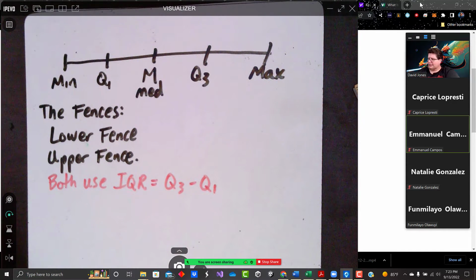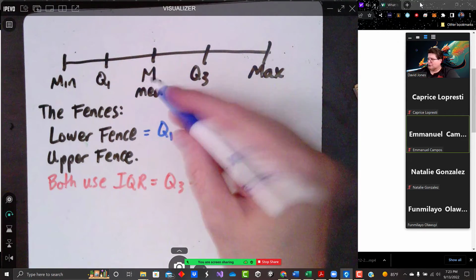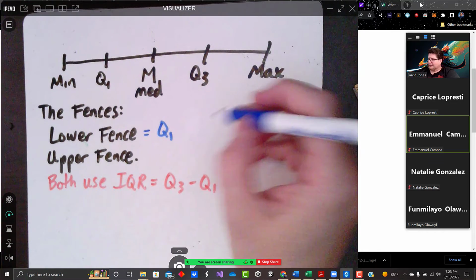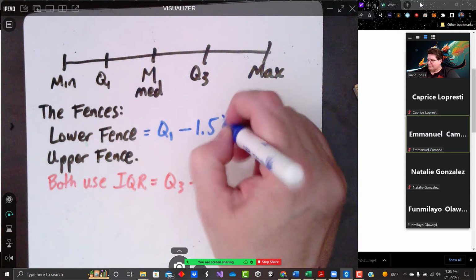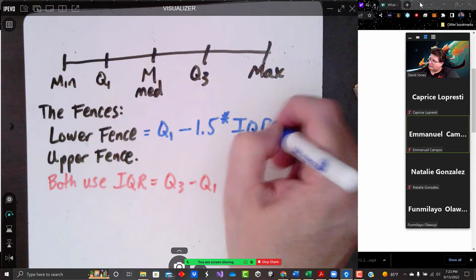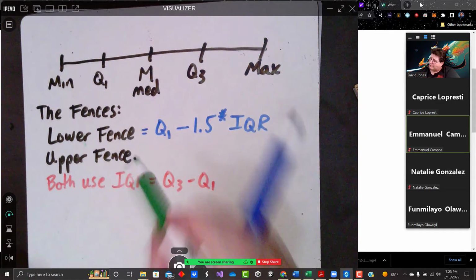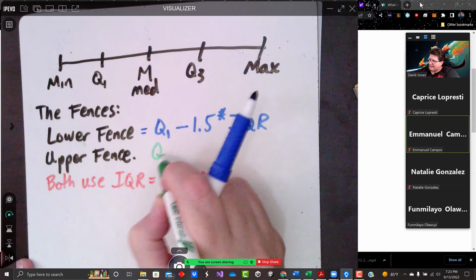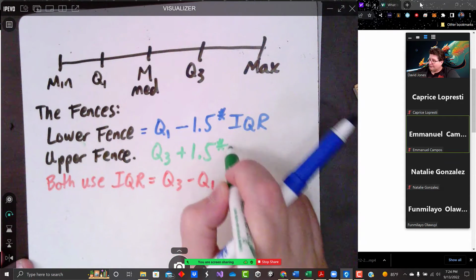To get the lower fence, they take the Q1 value. It's a number, remember, these are all numbers along here. They take the Q1 value and subtract 1.5 times the IQR. And to find the upper fence, they take Q3 and add 1.5 times the IQR.